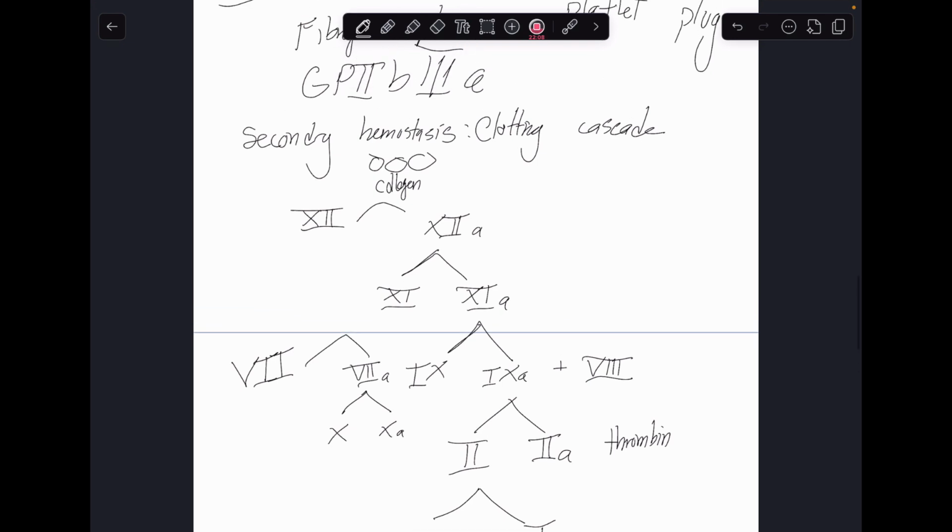So what we call this stuff is from here all the way down until we hit... Oh, I apologize. Right here we're supposed to have 10, which then cleaves to 10a plus cofactor 5.